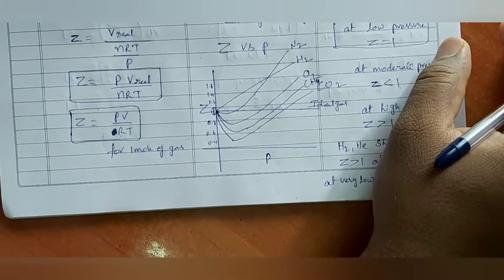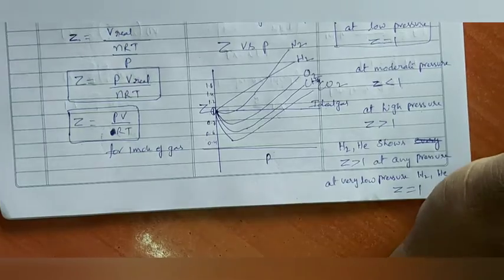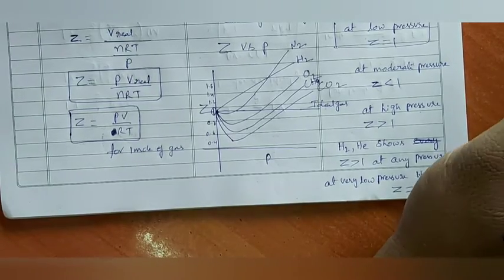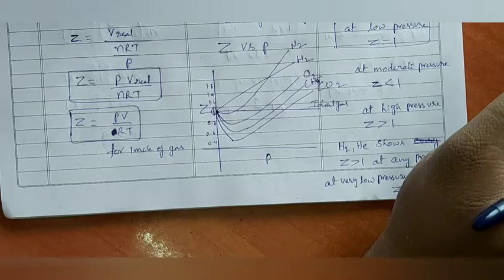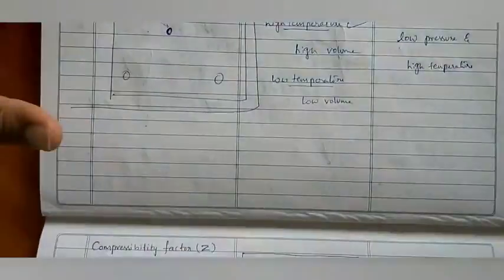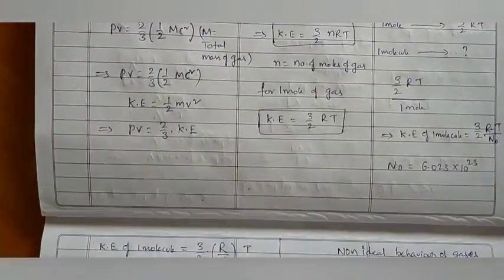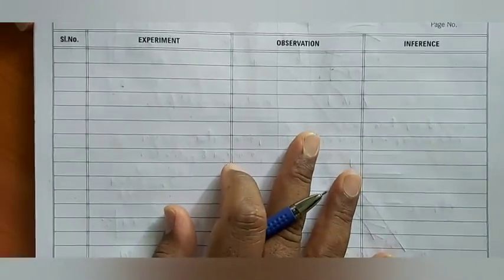Now, depending on the postulates from kinetic molecular theory of gas and real gas equation, we have to come to one conclusion, that is, we need to do corrections in ideal gas equation. What is that ideal gas equation? Ideal gas equation is nothing but PV is equal to nRT.